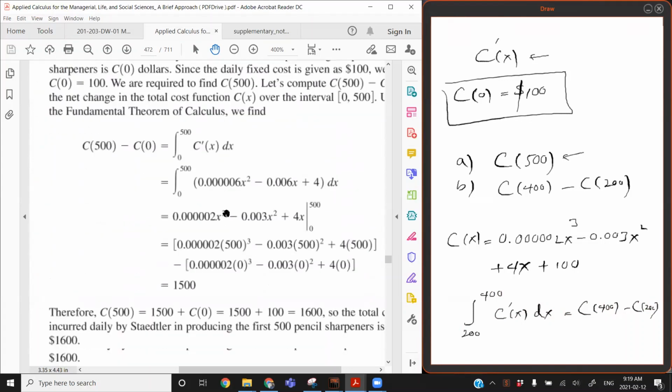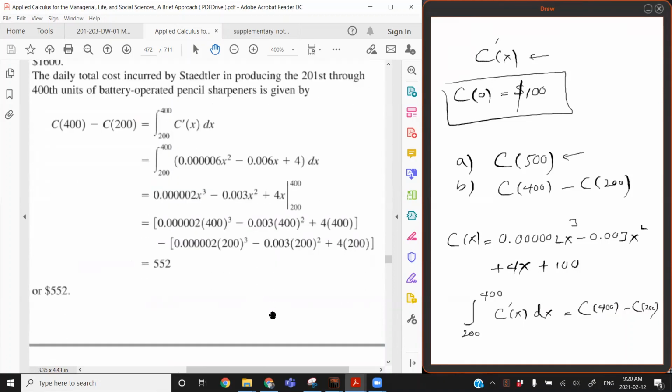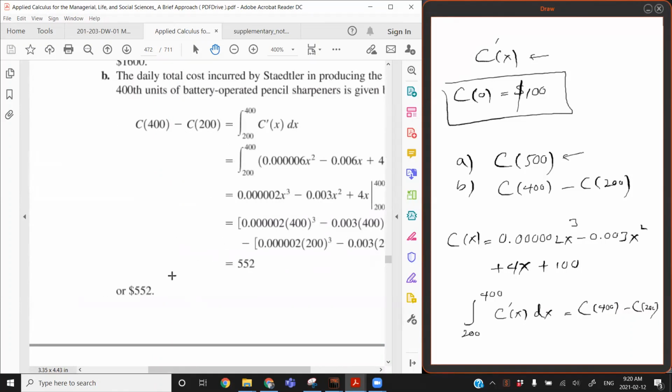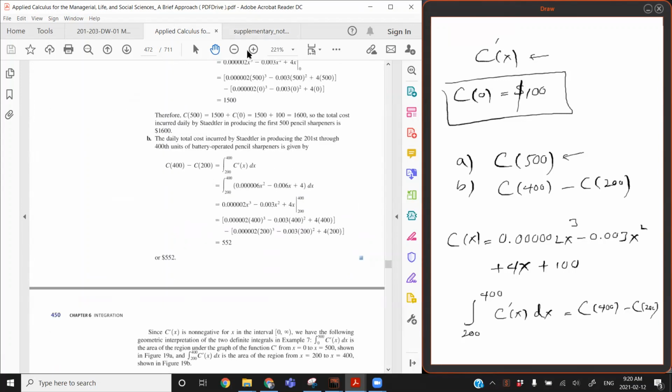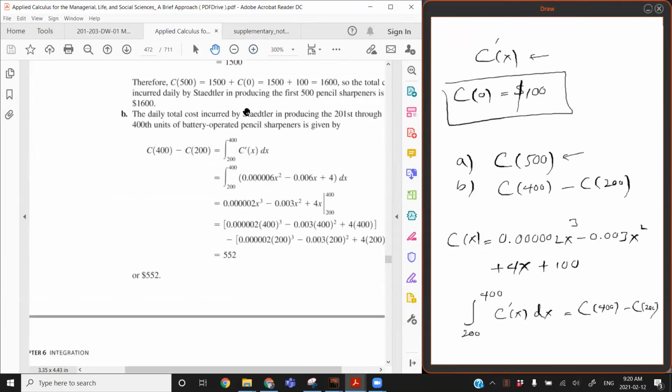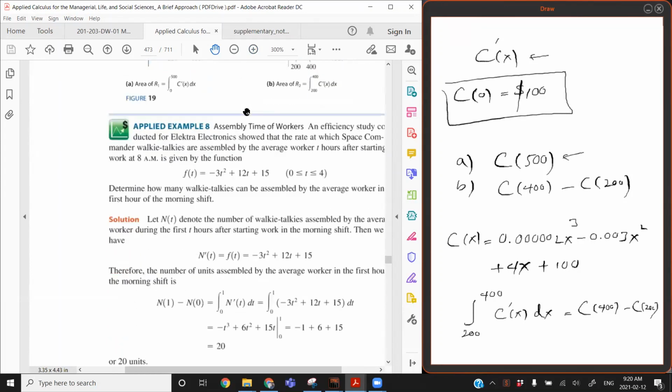You can just get the antiderivative, which is over here, plug in 400, calculate, plug in 200, calculate, subtract, and you're going to get 552. You good? Any questions? Next example.